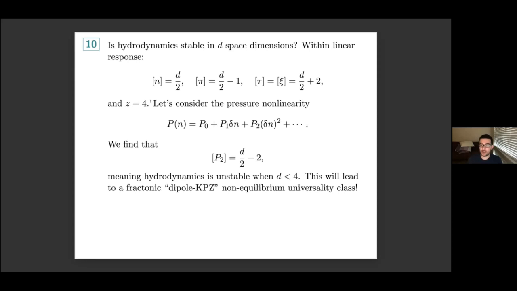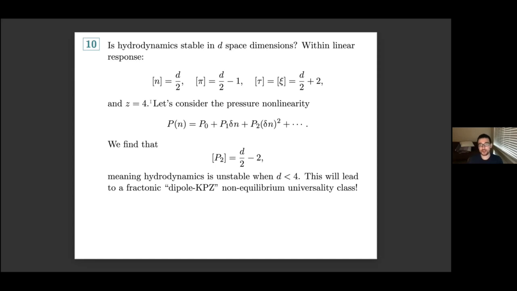And it means that hydrodynamics doesn't exist in the 1 plus 1d fluid. You have a strictly relevant operator that flows you to the KPZ fixed point. So here we could ask, what about that same pressure nonlinearity? This turns out to be the most relevant term for us as well.